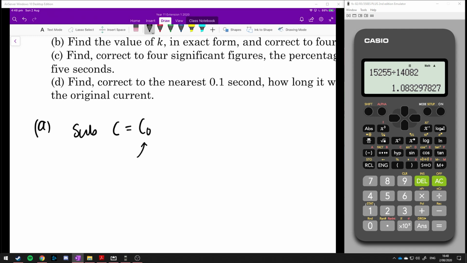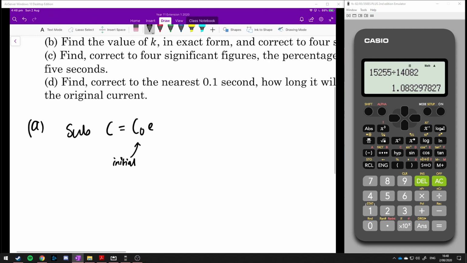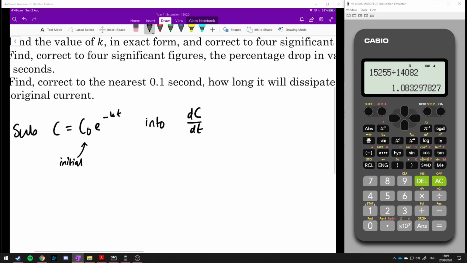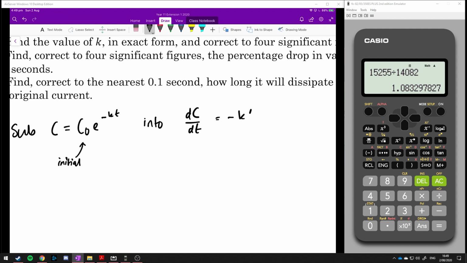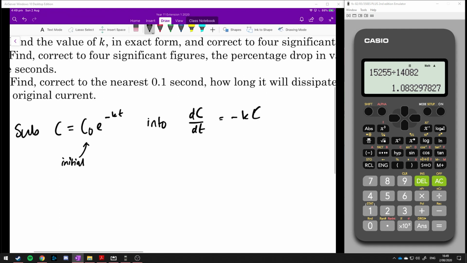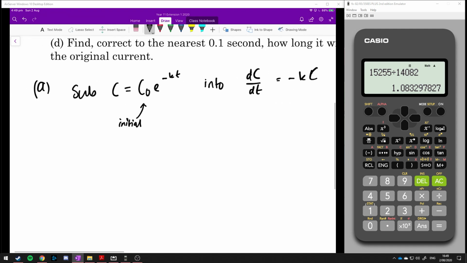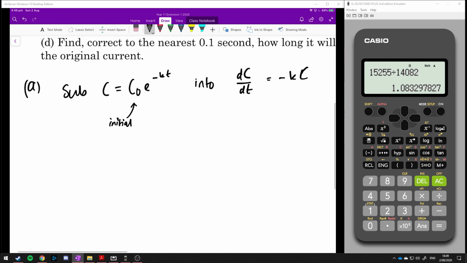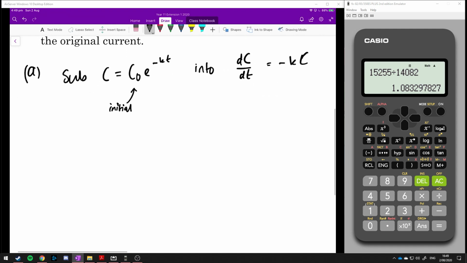Remember, this is our initial value of C, before it started, e to the negative kt, into the derivative dC/dt is equal to minus kC.